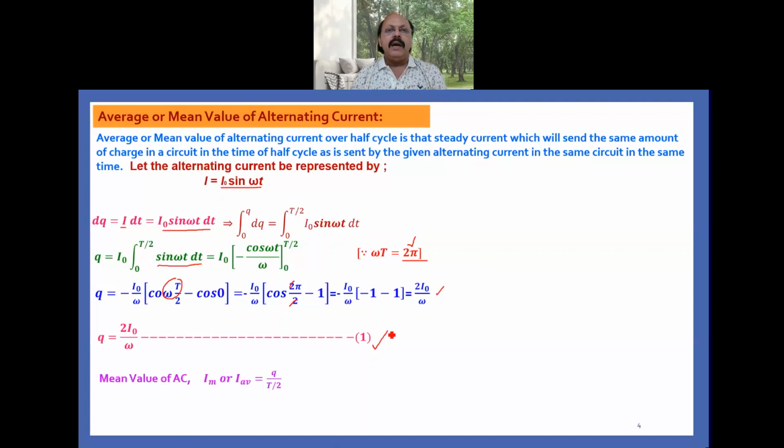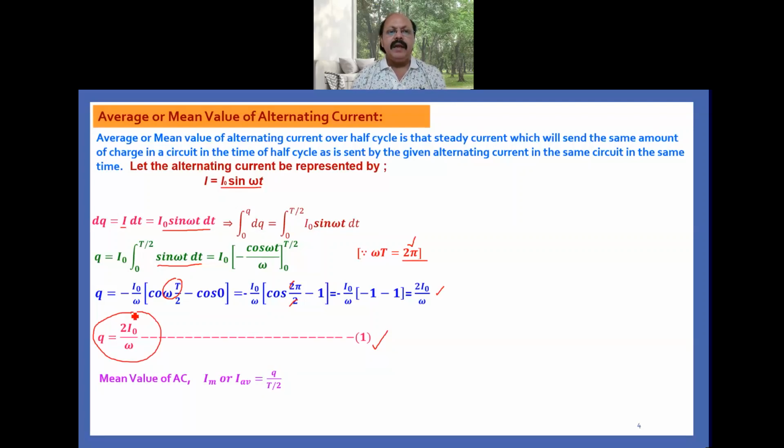Now come to the first part of the definition, that is, it is that steady current which will send the same amount of charge in the same circuit in the time of half cycle. So we say that this q equal to 2 I naught upon omega, this much of the charge is sent by alternating current over its half cycle.